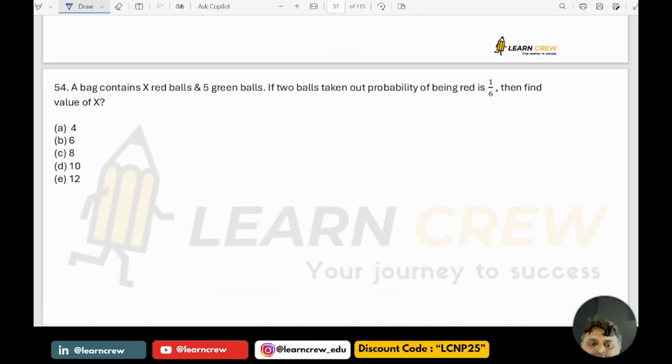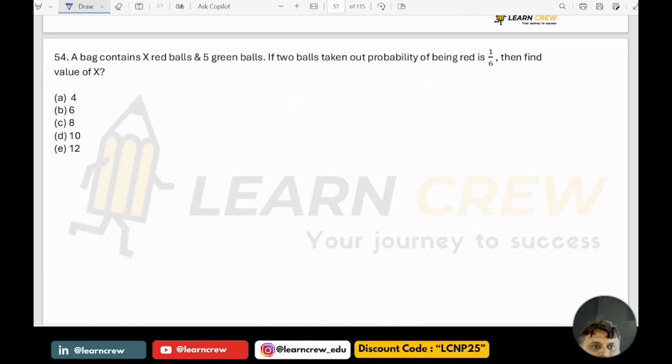A bag contains x red balls and 5 green balls. If 2 balls are taken, and the probability of both being red is 1 by 6, then find the value of x.